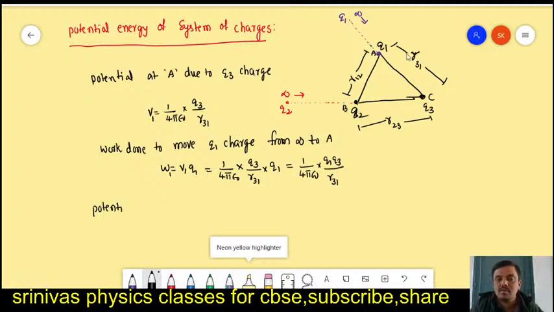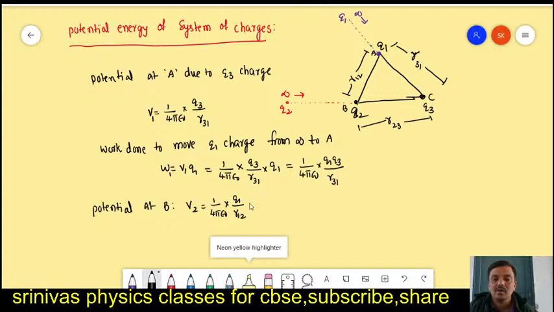Work done to assemble the charges as shown in the figure, that is called potential energy. Then we require potential at B. Potential at B is due to Q1 charge, that is 1 by 4 pi epsilon naught into Q1 by R12.